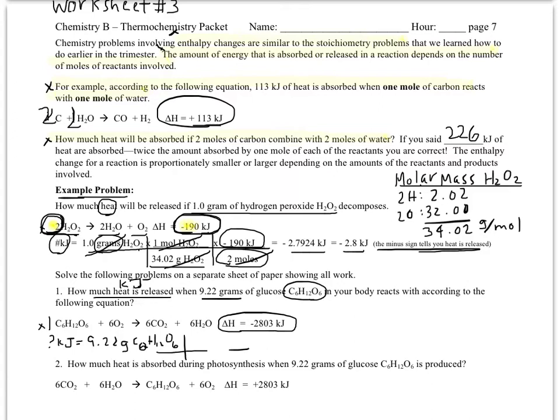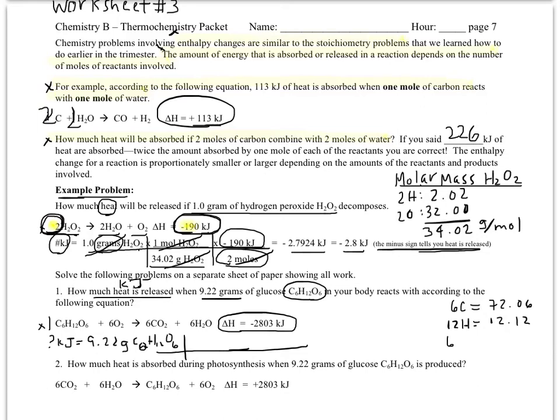And so the first thing I'm going to need to do is calculate a molar mass for the glucose, which is kind of a big calculation. 6 carbons, that'd be 6 times 12.01, gives me 72.06. 12 hydrogens, that would be 12 times 1.01, would give me 12.12.